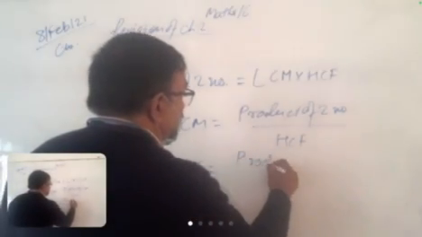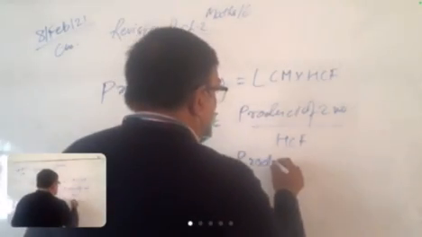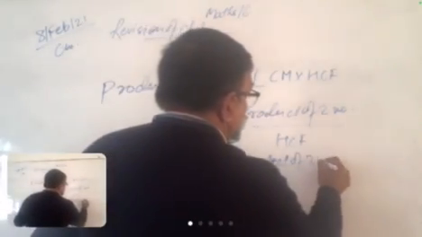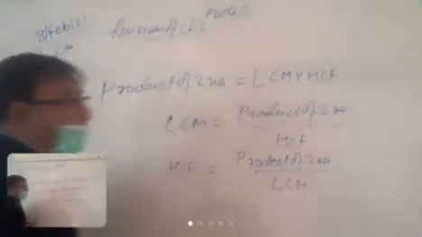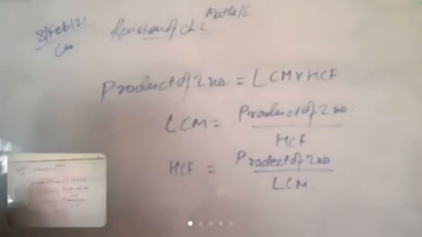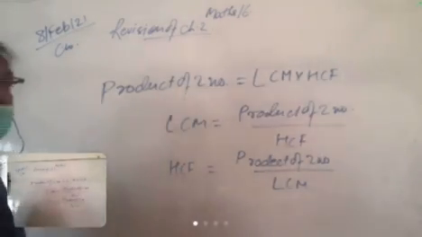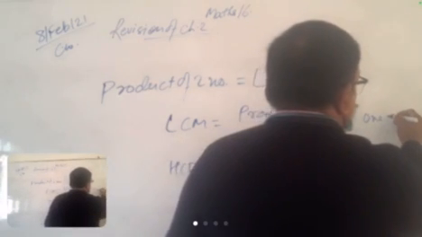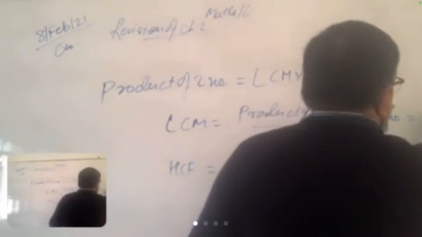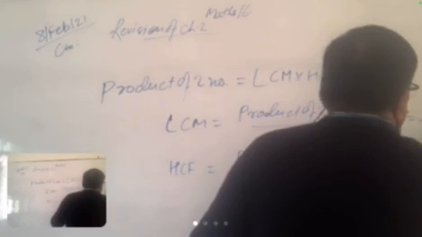And whoever wrote it in the previous class, it is not necessary to write again: HCF is equal to product of two numbers upon LCM. And the third one: one number is equal to LCM multiplied by HCF upon the other number.